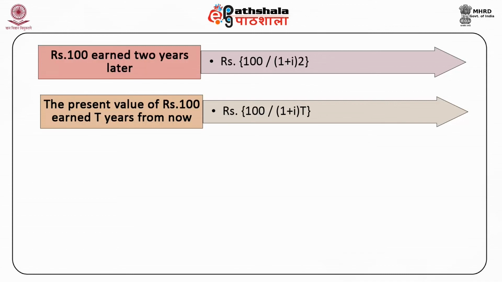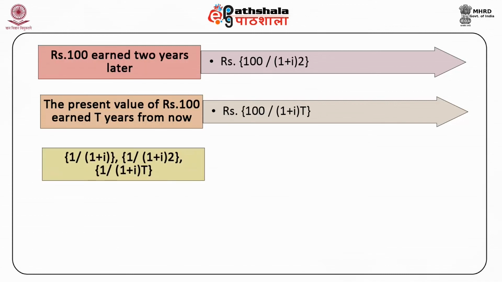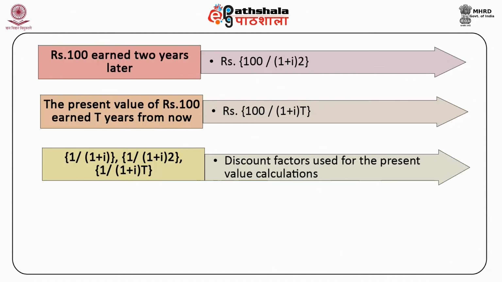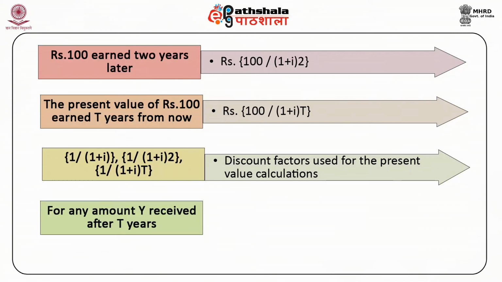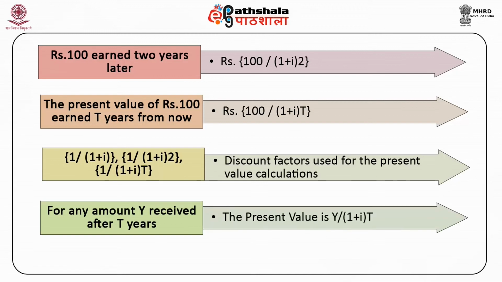Note the terms 1 divided by (1 plus I), 1 divided by (1 plus I) to the power 2, 1 divided by (1 plus I) to the power t are the discount factors used for the present value calculations above. For any amount y received after t years, the present value is y divided by (1 plus I) to the power t.